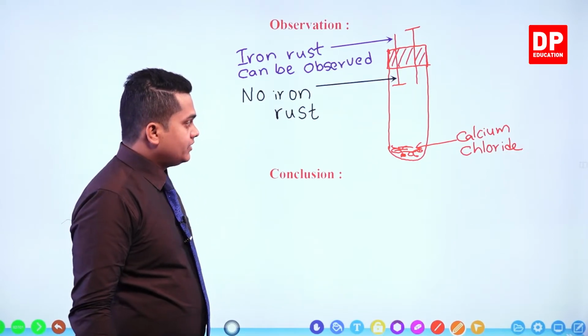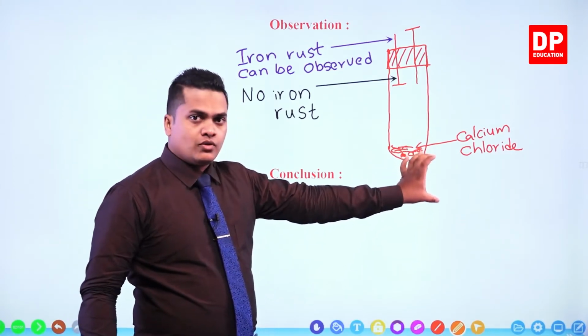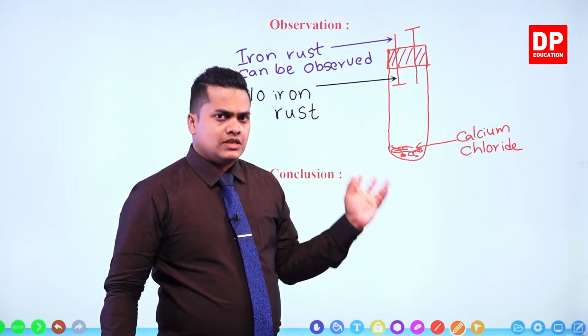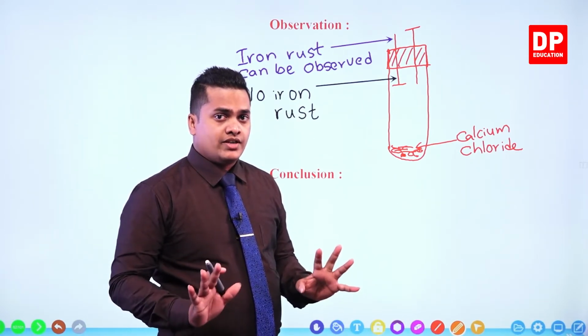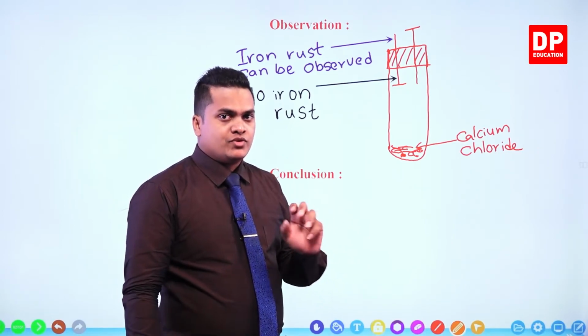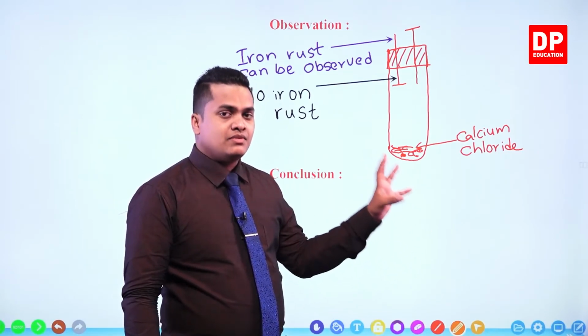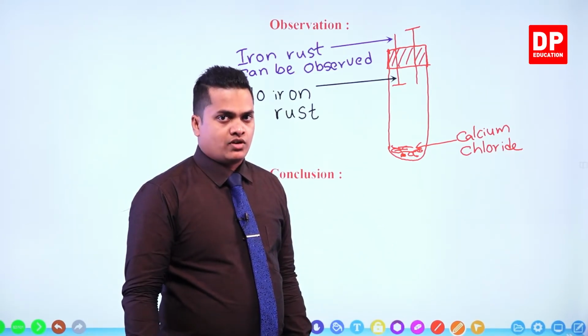So my dear children, the explanation for this is calcium chloride. I told you that calcium chloride or silica gel has an ability. Calcium chloride is not silica gel. Silica gel is a type of chemical that can absorb water vapor. Calcium chloride is also a chemical that can absorb water vapor.